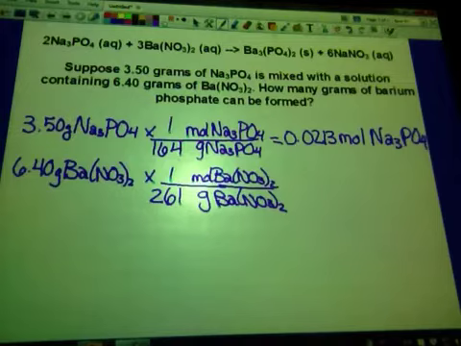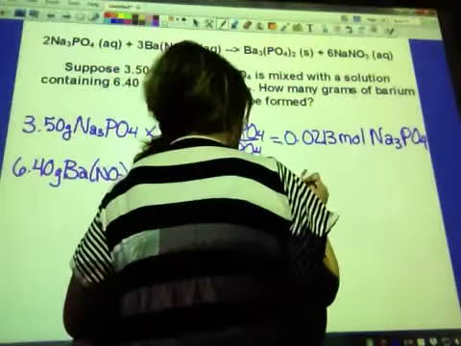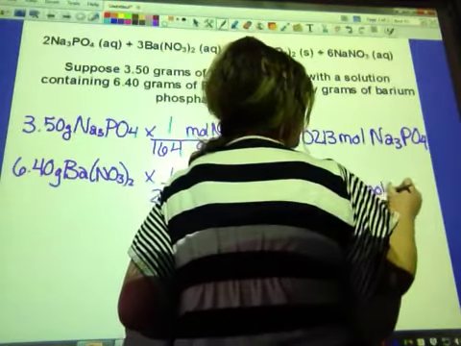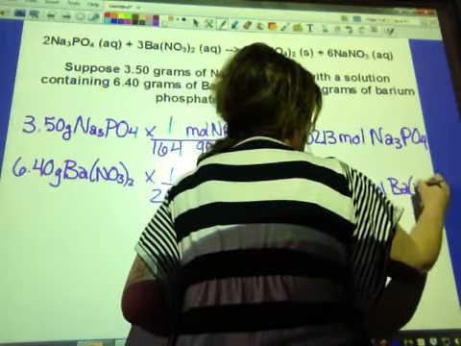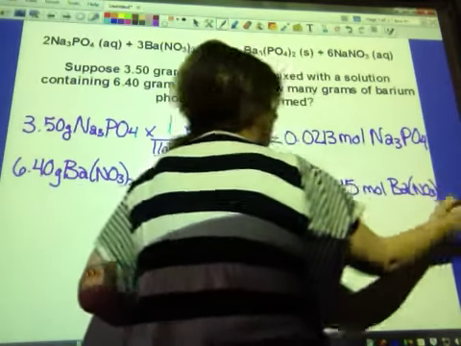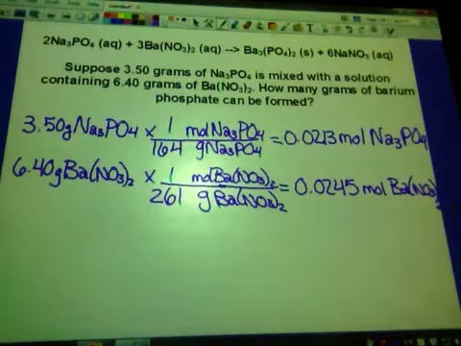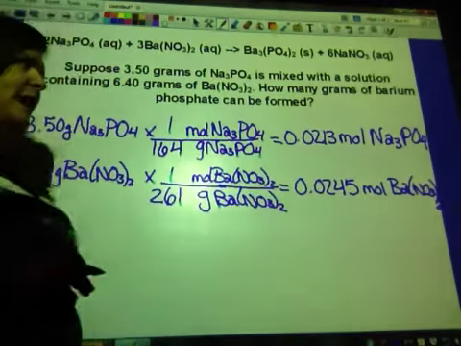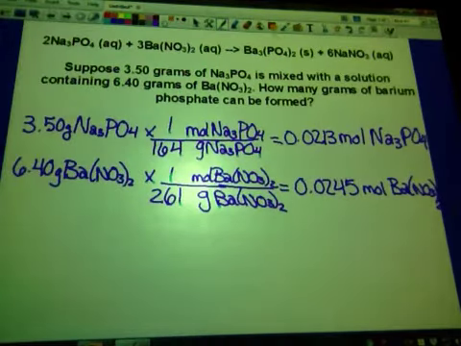And if I take 6.4 divided by 261, I'm going to get 0.0245. And that's moles of barium nitrate. Okay, so we've done step one. I had grams of both reactants. Now I have moles of both reactants. So that's my first step.